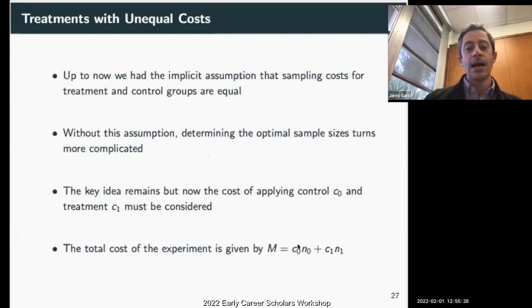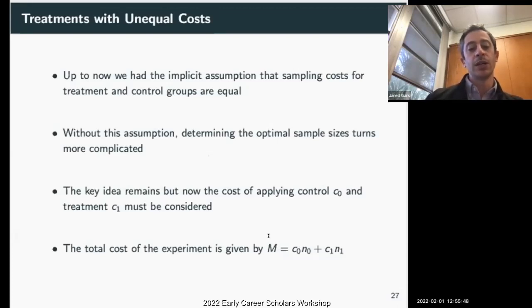So now, instead of just thinking about allocation of units to treatment and control, we need to take into account the per unit cost of applying the control and treatment, and include that total cost as the sum of the individual costs times the corresponding number of units in each treatment cell, and that's going to be given by M here.